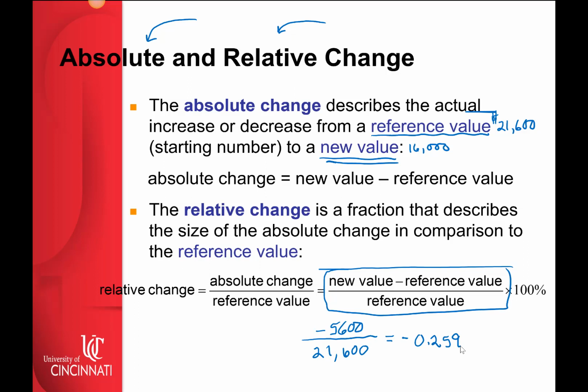Okay, is everybody okay so far? And then notice over here to the far right-hand side of this equation, you multiply by 100. Why do you multiply by 100? Percent. Remember, we're talking about percent, which is part of 100. So you take this times the 100.